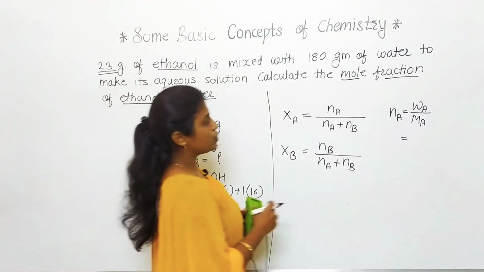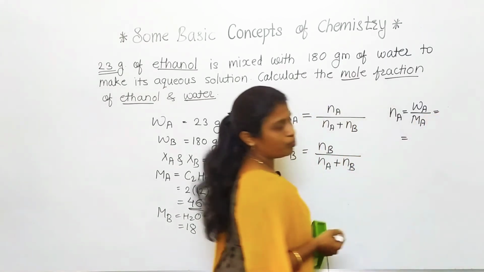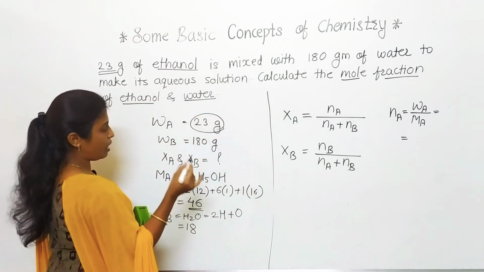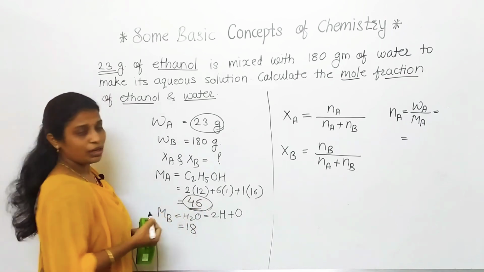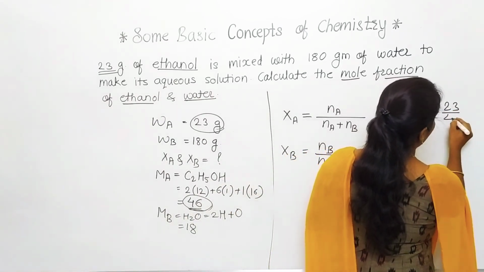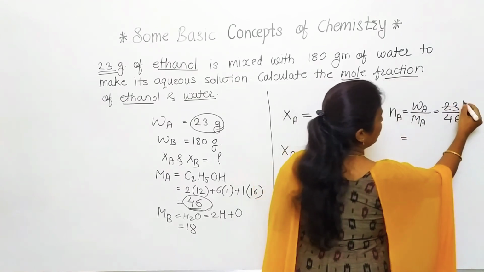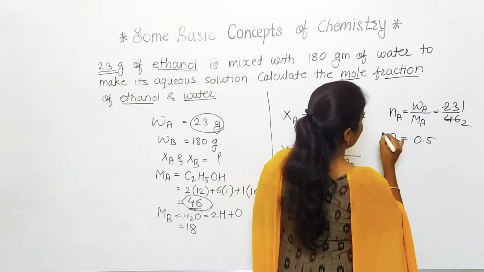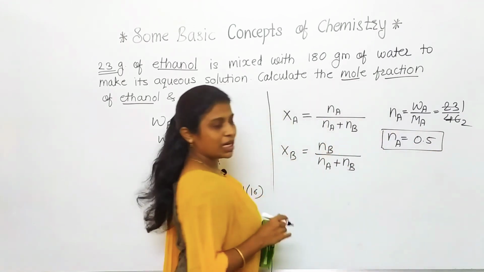Clear? Now we are going to solve the number of moles part. 23 is the mass, 46 is the molar mass. So 23 divided by 46 is 1 by 2, meaning 0.5 moles of solute. Clear?